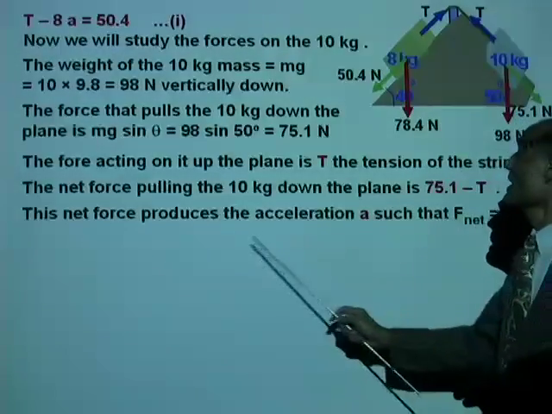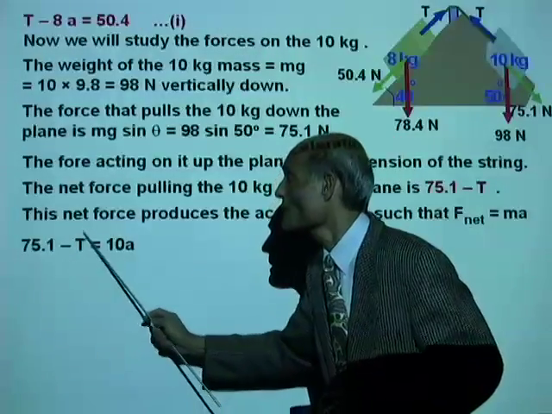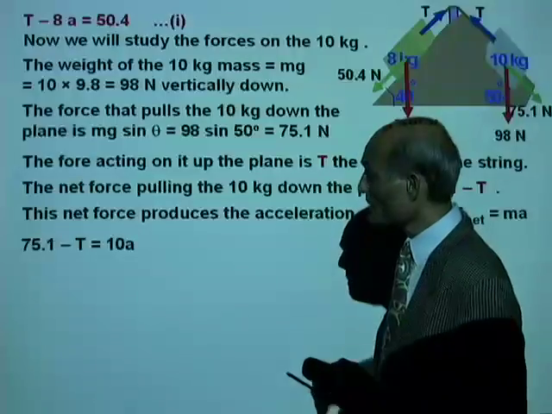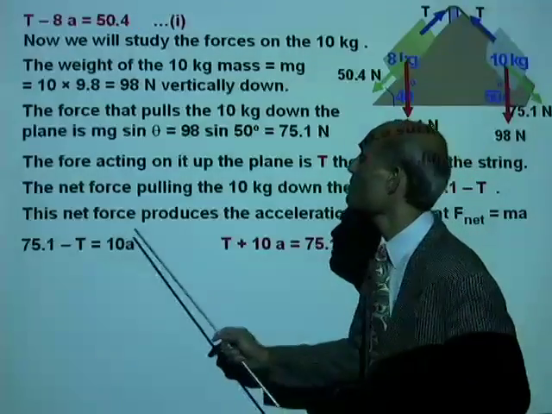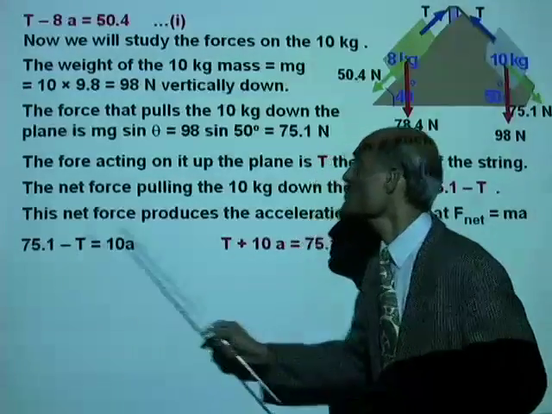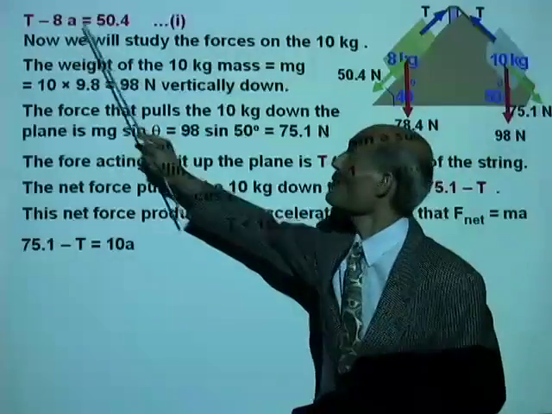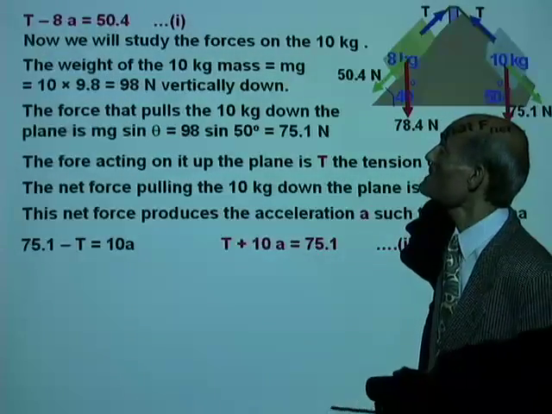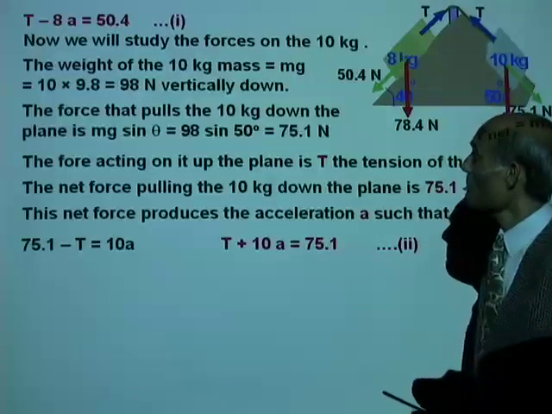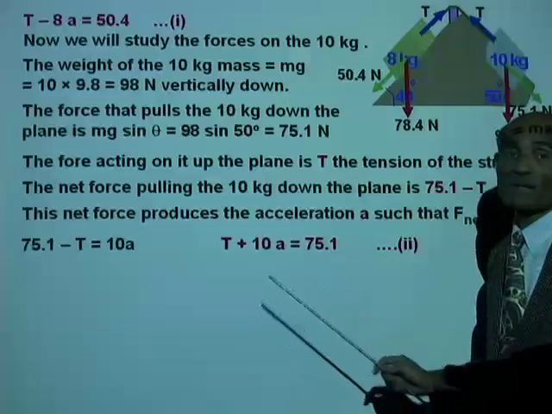So you have F net equal to ma, 75.1 minus T equal to 10a, and rewrite it in the standard form. We get 10a plus T equal to 75.1. And now you have two equations, T minus 8a equal to 50.4, T plus 10a equal to 75.1.